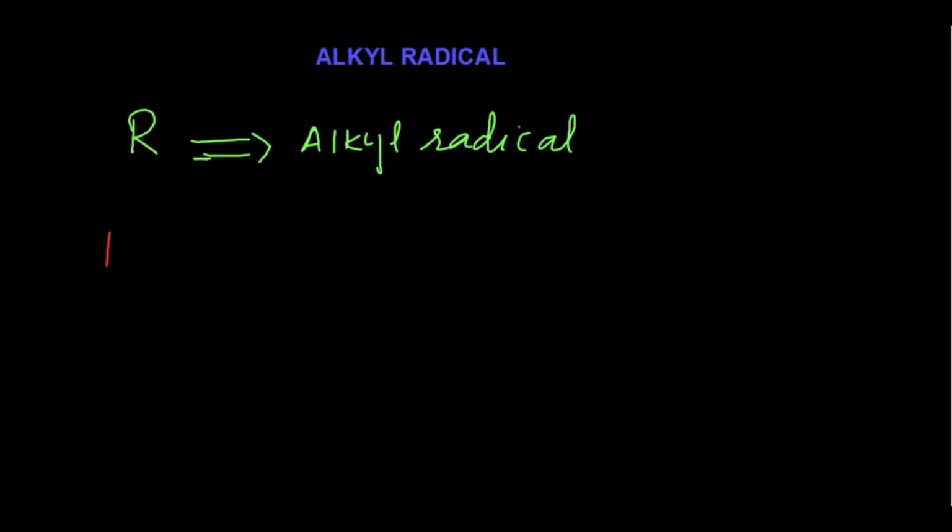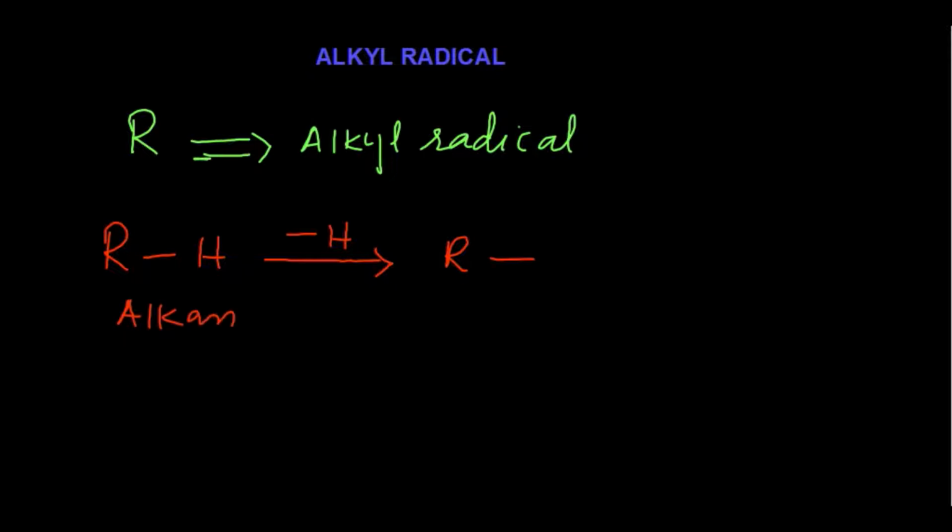For example, if we have an alkane, RH is any alkane, right students? If we remove one hydrogen from the alkane, then the alkane changes to the corresponding alkyl radical.